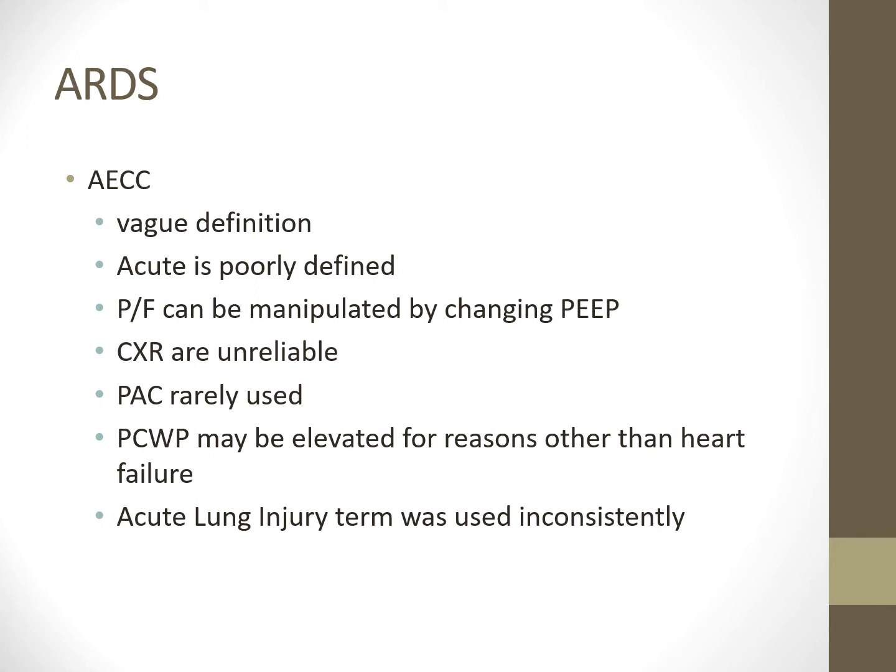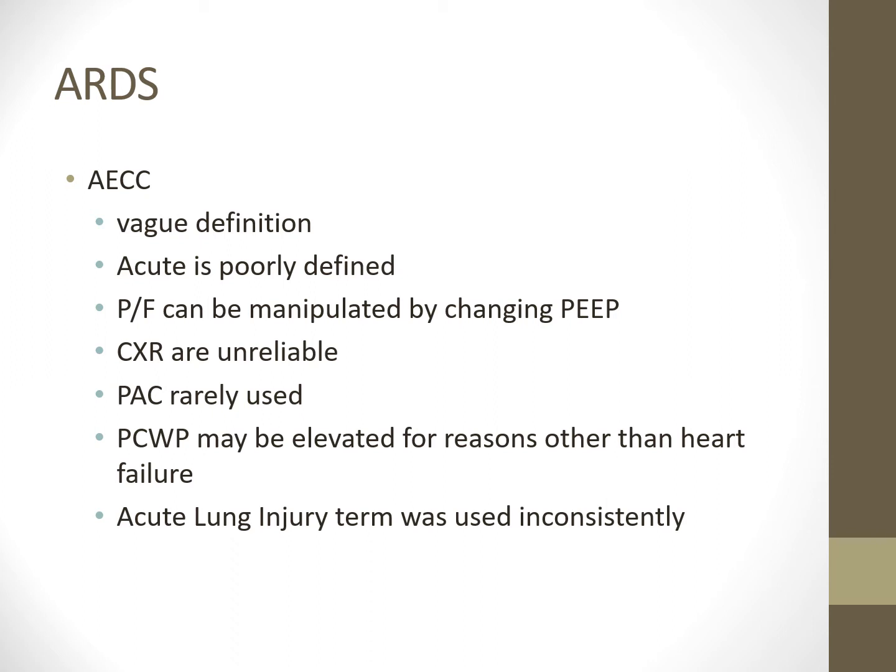This gave more of a vague definition. The acute part was poorly defined because it didn't define how many weeks or days would make it acute. The PFs can be manipulated by changing the PEEP. Chest x-rays were unreliable. I don't think they really used them consistently.